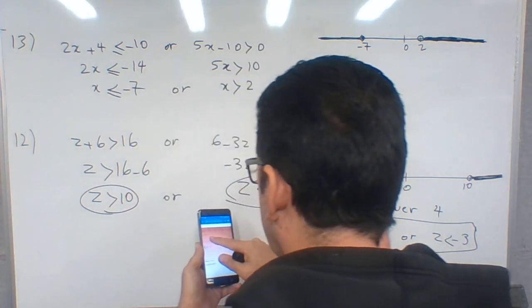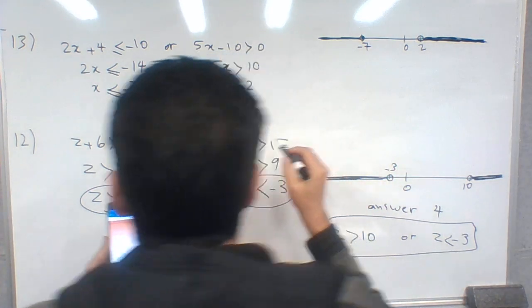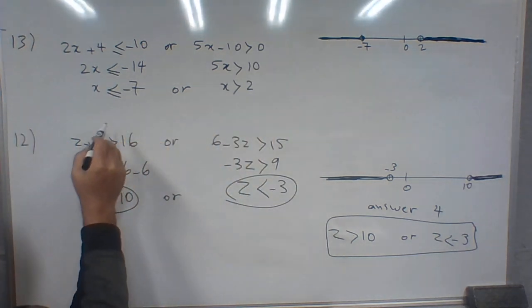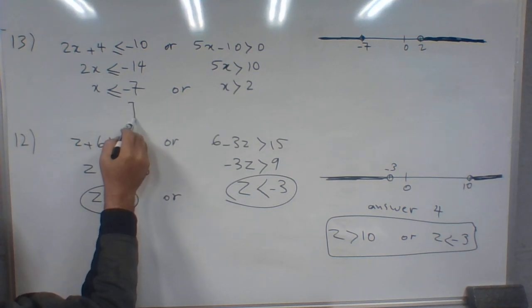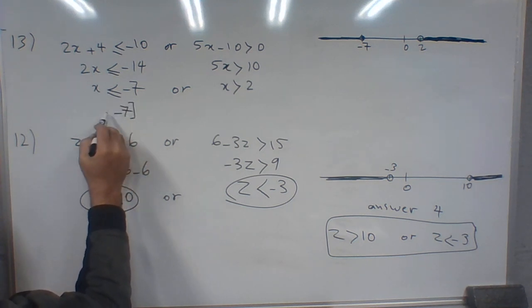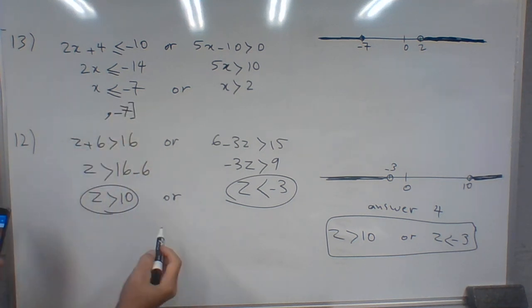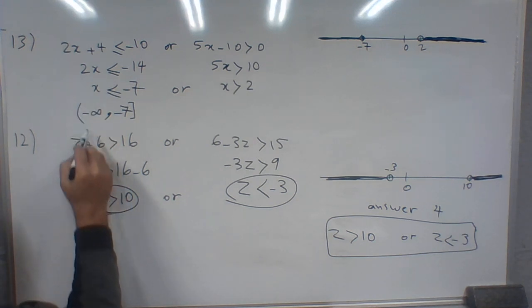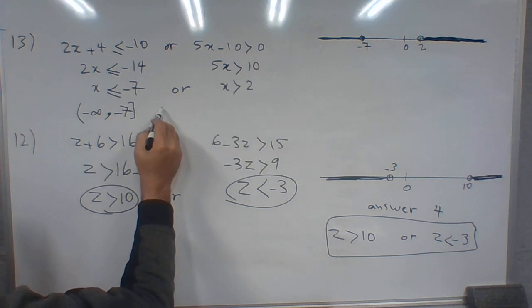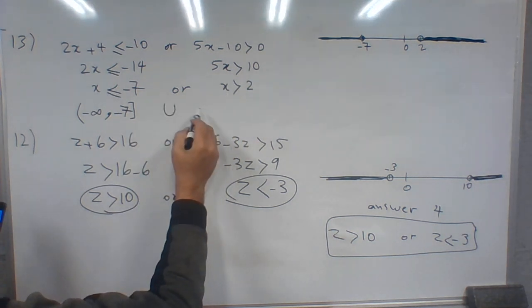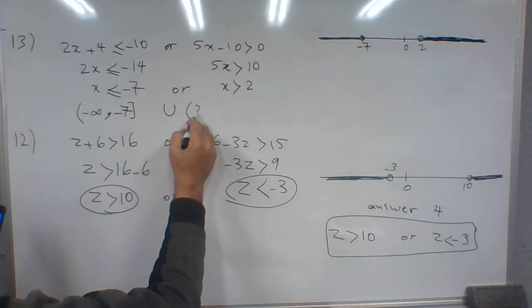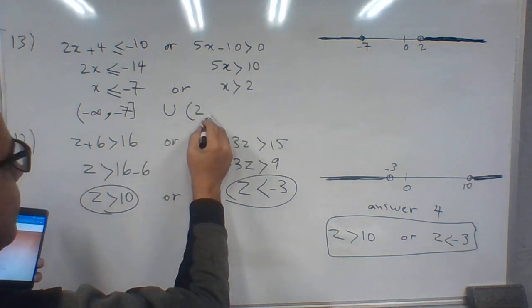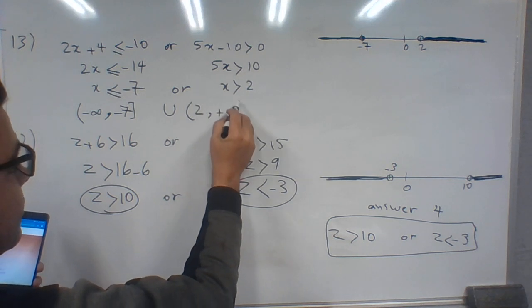Write it in interval notation. So interval notation is less than or equal to negative 7. A bracket means it can be equal. A parenthesis means it cannot be equal. So the lower limit is negative infinity. And then "or" means union, and x greater than 2, and it is not equal. So a parenthesis means not equal, and then positive infinity.